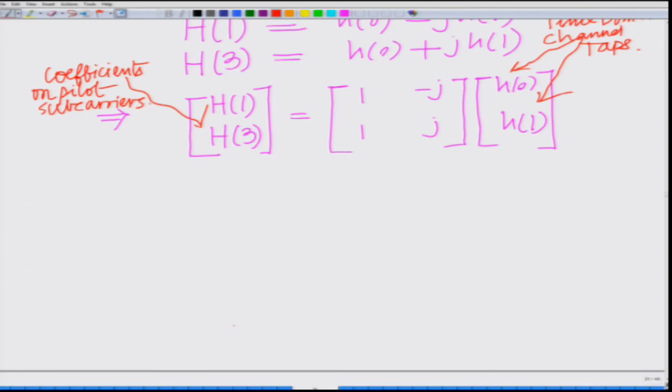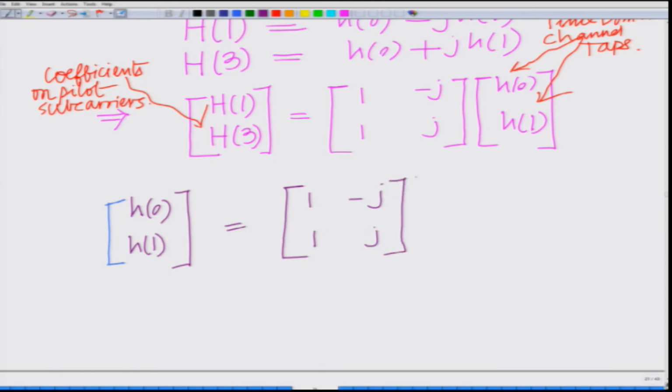Now, therefore, I can find the channel taps simply as h0, h1 equals this matrix, 1 minus j, 1 plus j, inverse, times H1, H3, and that is basically what we have.